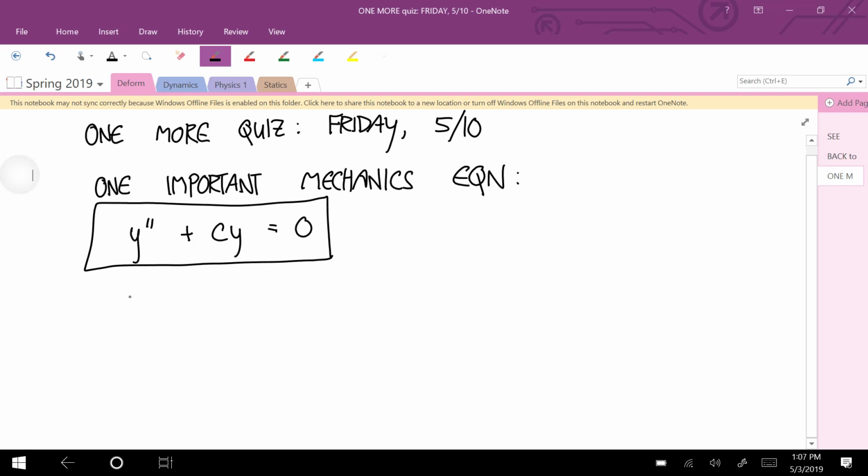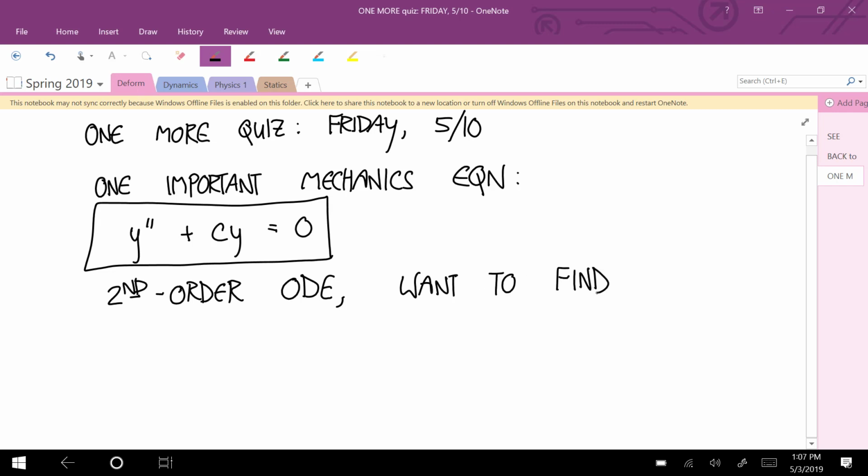That is a second order ordinary differential equation, and you want to find a functional representation, a function for y, over all the values of the independent variables. Can anybody off the top of their head come up with an application of an equation like this?